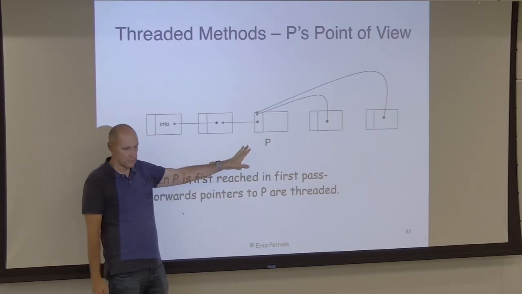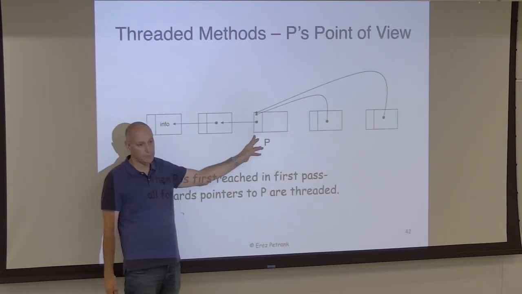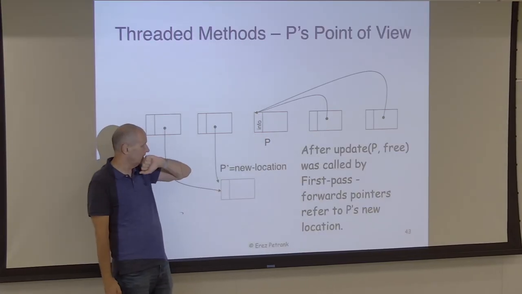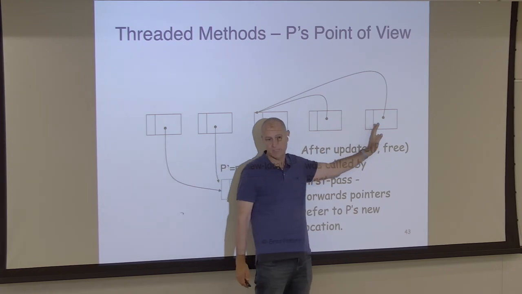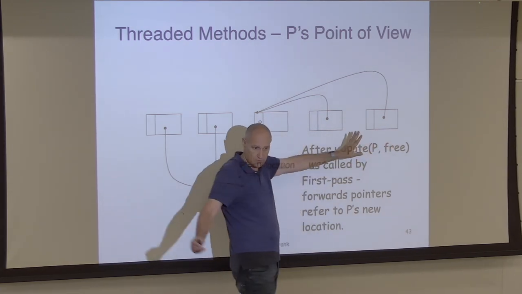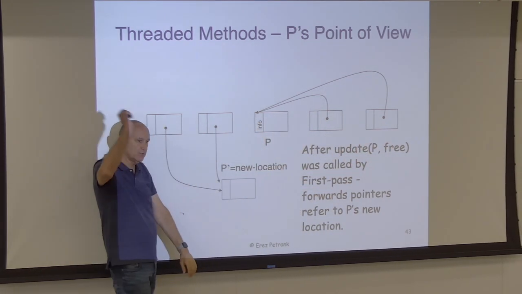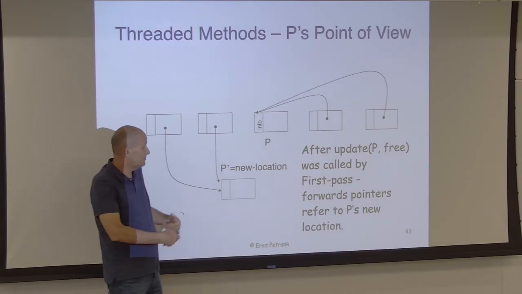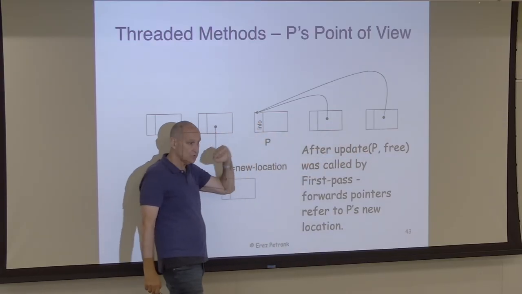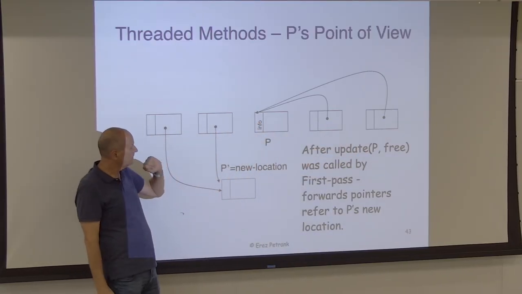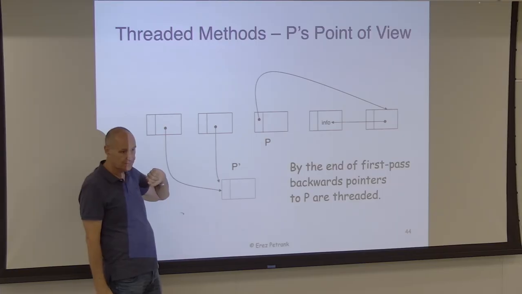So they're threaded into it, and I can fix them when I get to P. I know where it moves. I fix them. Now I go on in the heap, and I thread all the pointers that I see. That's what I do all the time. I do in one pass, just thread all the pointers to their objects. Specifically, these two pointers that I will go through, I will thread into P, right? And it will look like that.